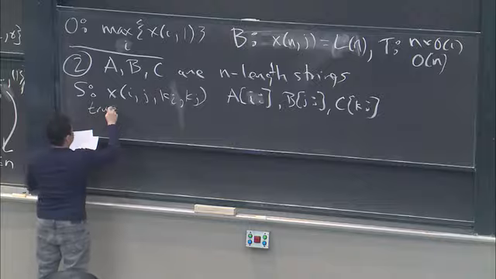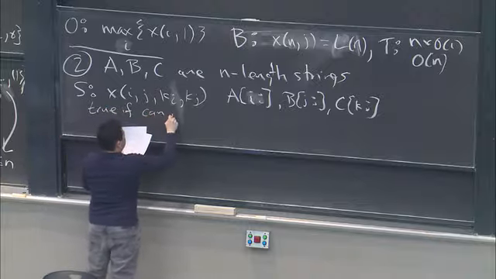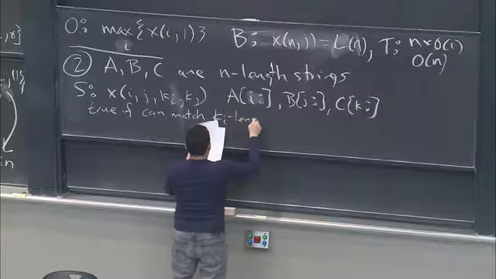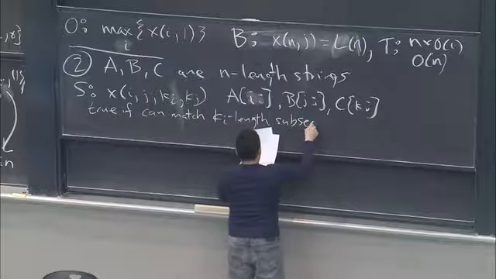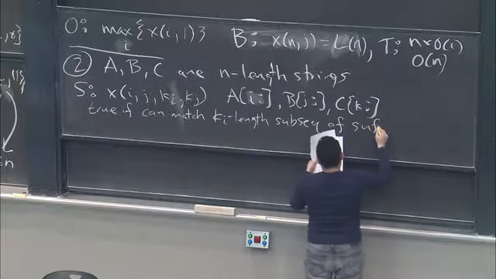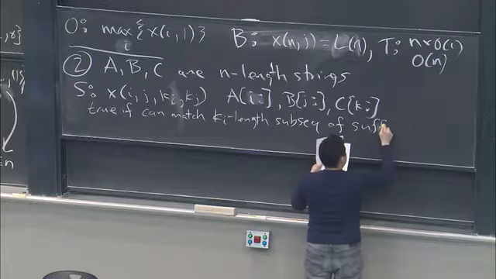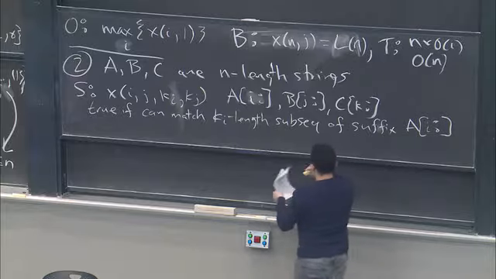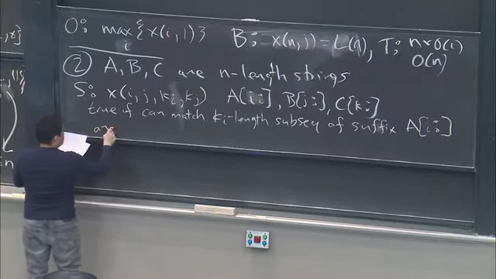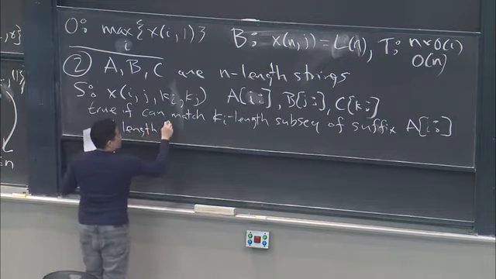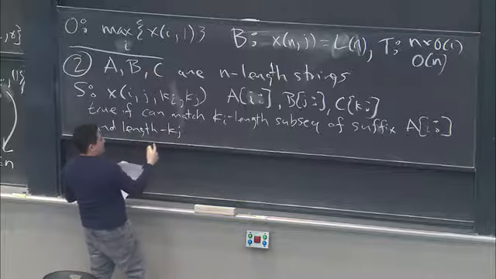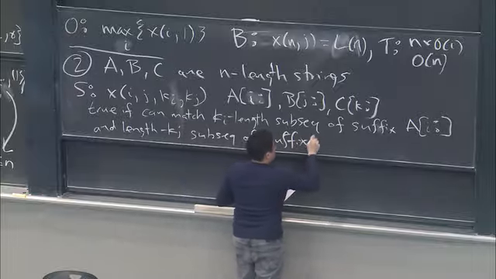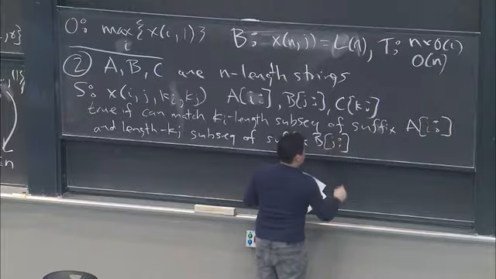So true if I can match Ki length subsequence of suffix A, suffix is this guy, and length Kj subsequence of suffix Bj, or Bj suffix, right?